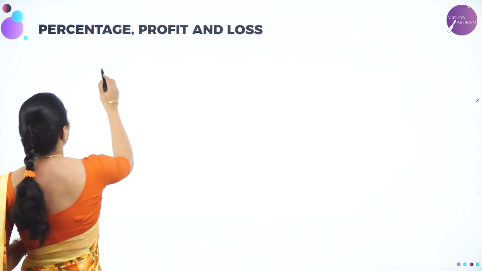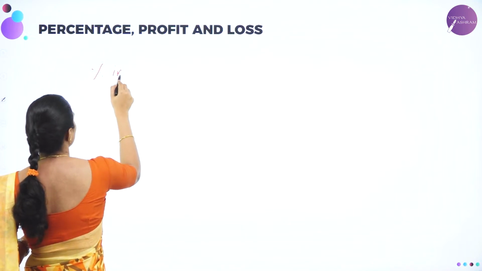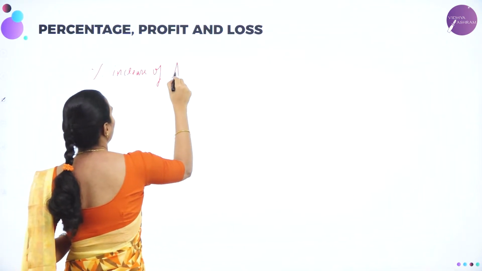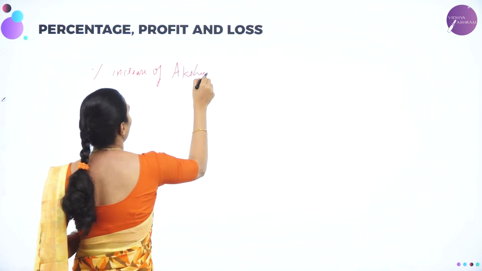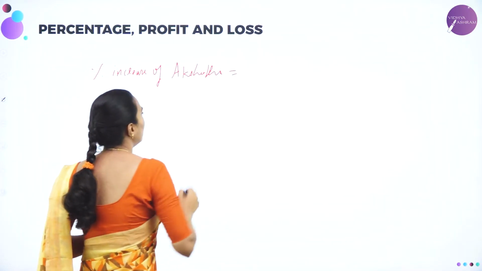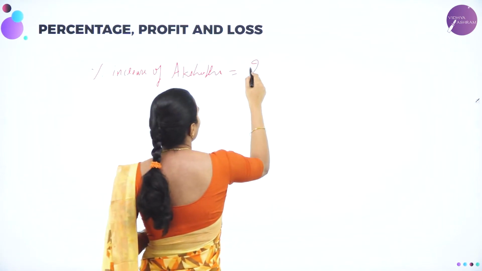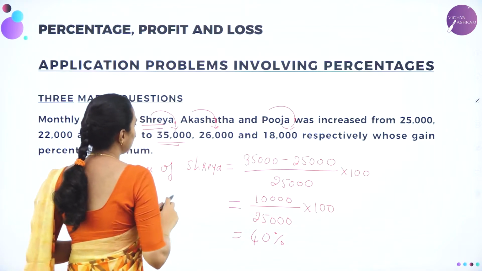Okay, we need to calculate now the increase of Akshata. So percentage increase of Akshata is equals to, first it was 22,000 and next it was 26,000.